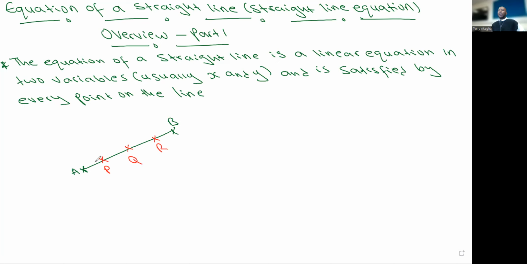If I calculate the equation of the line for point P, I'll get the same thing. For point Q, I'm going to get the same thing. And for point R, the same thing. Is that making sense? Each of them has its coordinates, all to infinity. So all the points on the line are going to satisfy this.